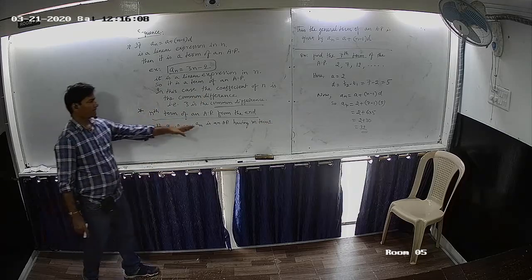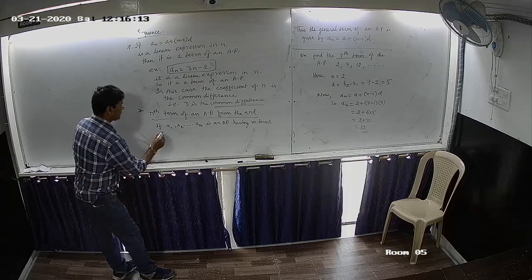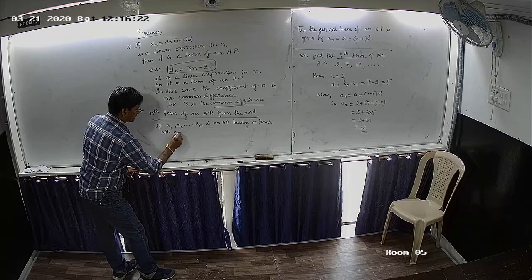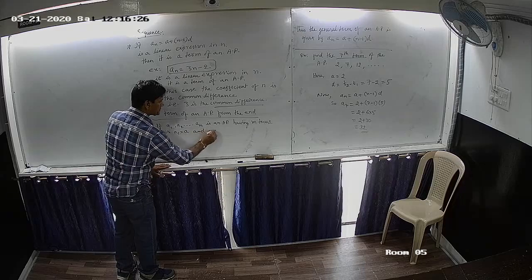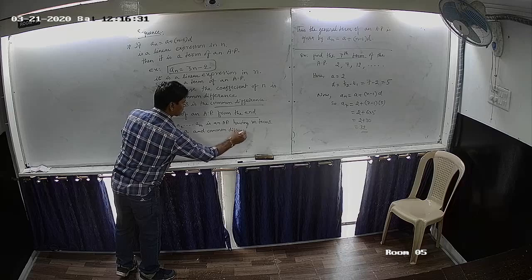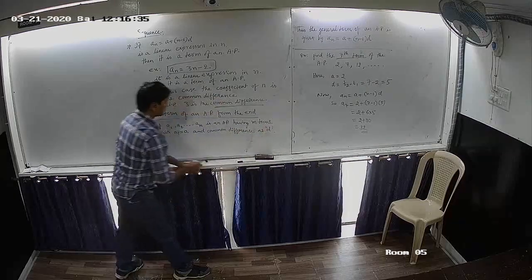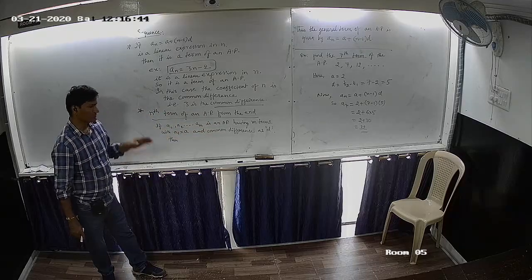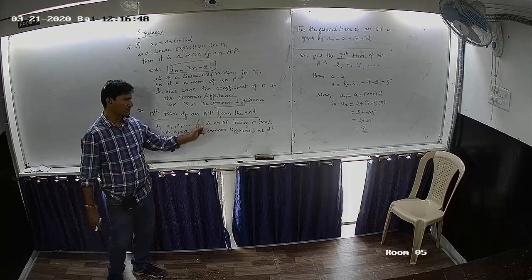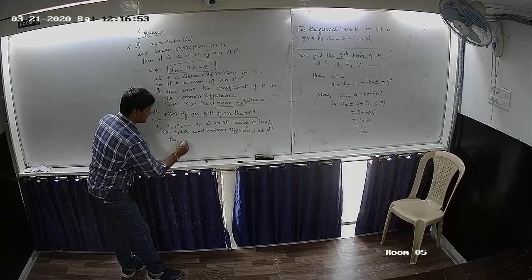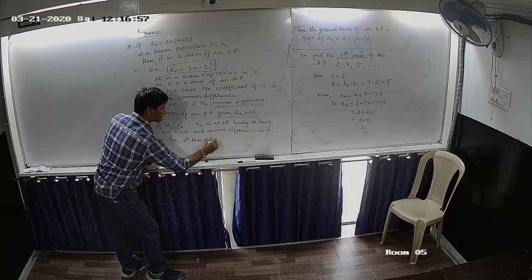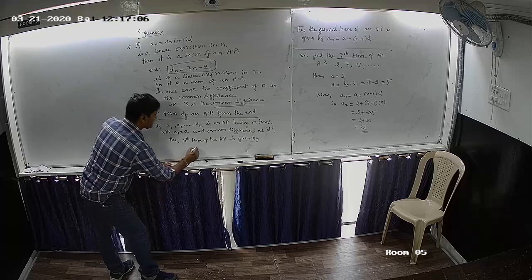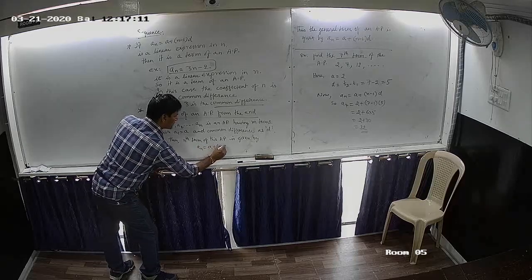If a1, a2, a3, ..., am is an AP having m terms, total m terms, with a1 equal to a, the first term, and common difference as d, then the nth term from the end of this AP is given by an is equal to a plus m minus n into d.